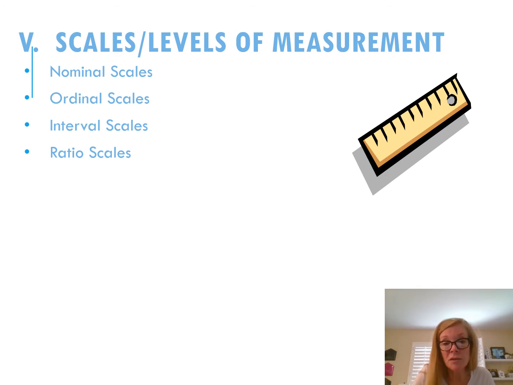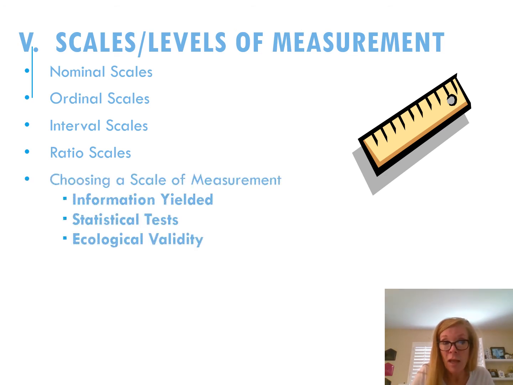The reason it's important to understand these now is because they drive a couple of different things with your research project. One is that the scale of measurement drives your choice of statistical analysis. So if, for example, you are measuring gender on a nominal scale, 1 is male, 2 is female, that's going to drive what test you can use to evaluate your hypothesis.